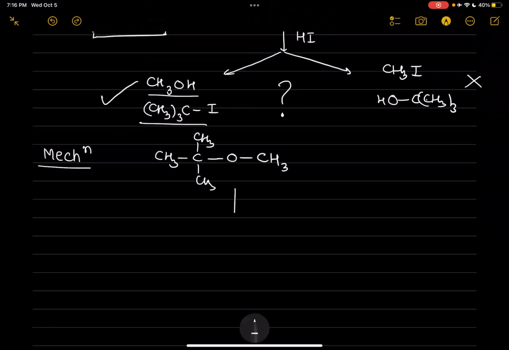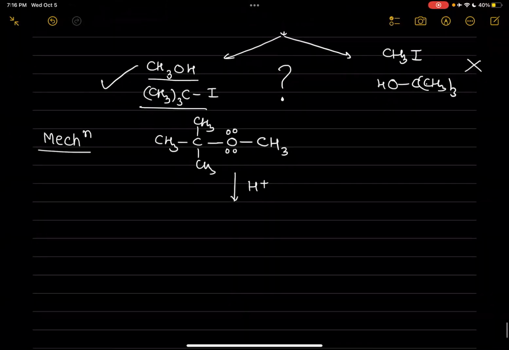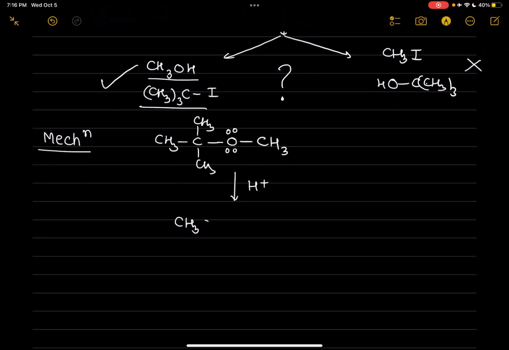Let me show you the mechanism. First of all, H plus will be given from the HI. The H plus is going to come and join the lone pair of oxygen. But this is the first step. Till now, we have not broken anything. So why can ether break easily in acidic medium?